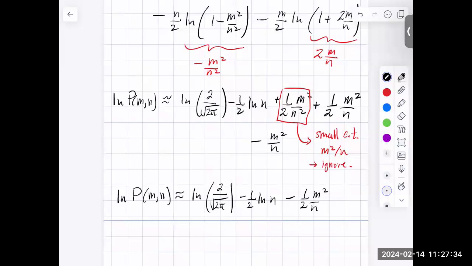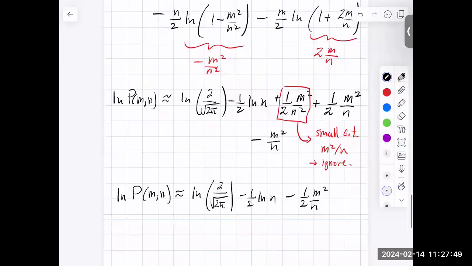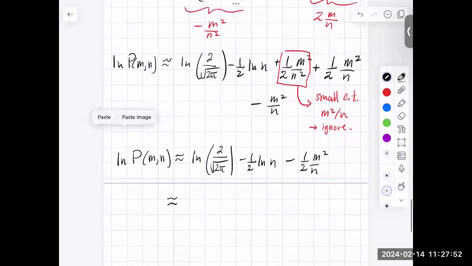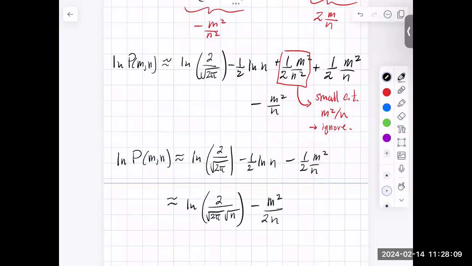So in fact, to simplify this even further, I know I wrote this. This used to be like the ln of 1 over the square root of n. What I'm going to do is combine the lns. I think what this should be is ln of 2 over root 2 pi, and I'll write it like this, root n. Okay. And then it's minus m squared over 2n. All right.